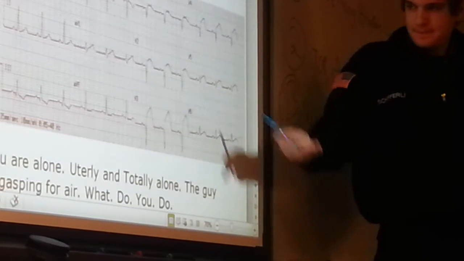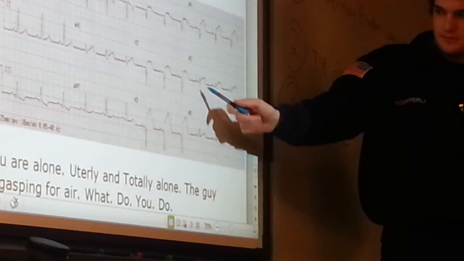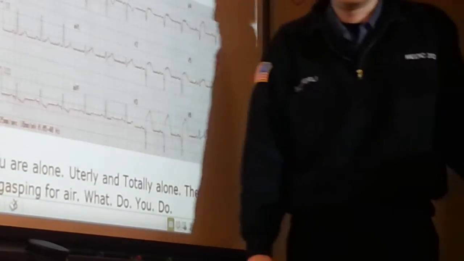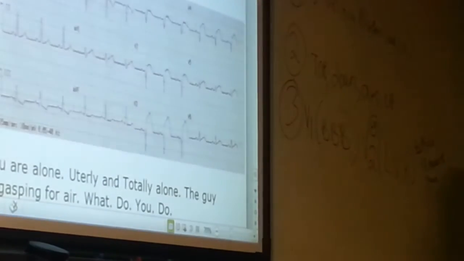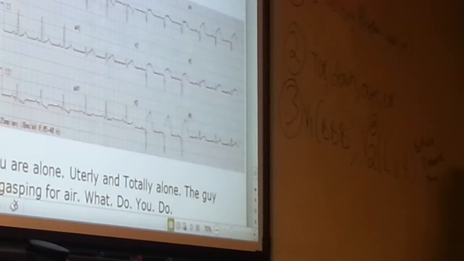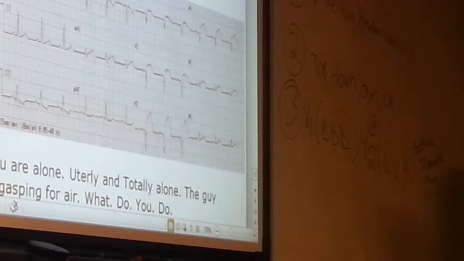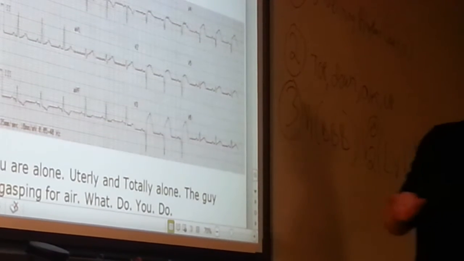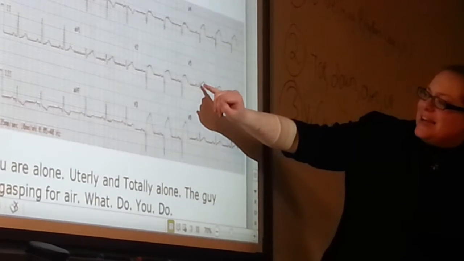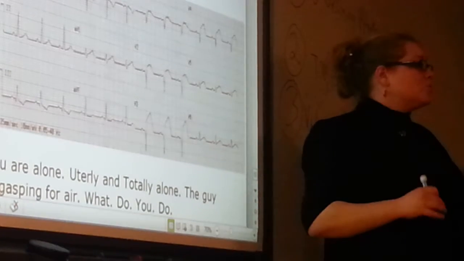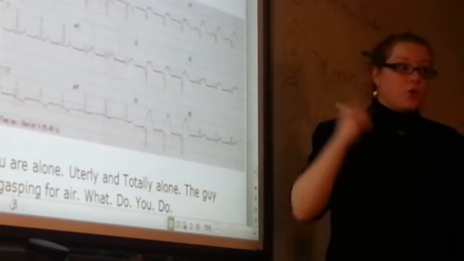Well, let's go back and talk about V5 just a little bit longer. Okay, so V5, is there ST segment elevation in there? Yes. Can we all agree that that's ST segment elevation in V5? And I know it's hard to see, but it actually starts right here. This is that situation where if you look at something too long, you go cross-eyed.